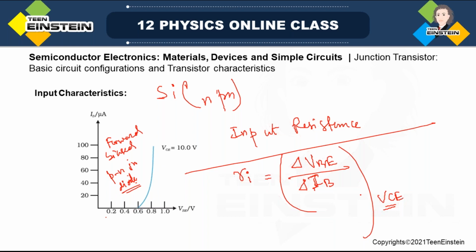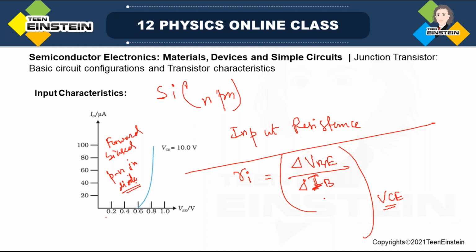The nature may be the same, but the absolute value will differ for different VCE voltages. Since the current is changing along with the voltage, this change in VBE divided by change in current is called input resistance, but it is called dynamic resistance because this value varies.